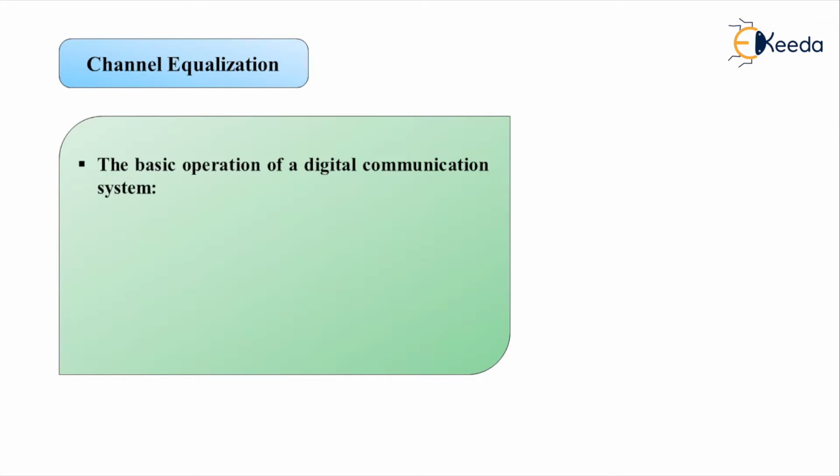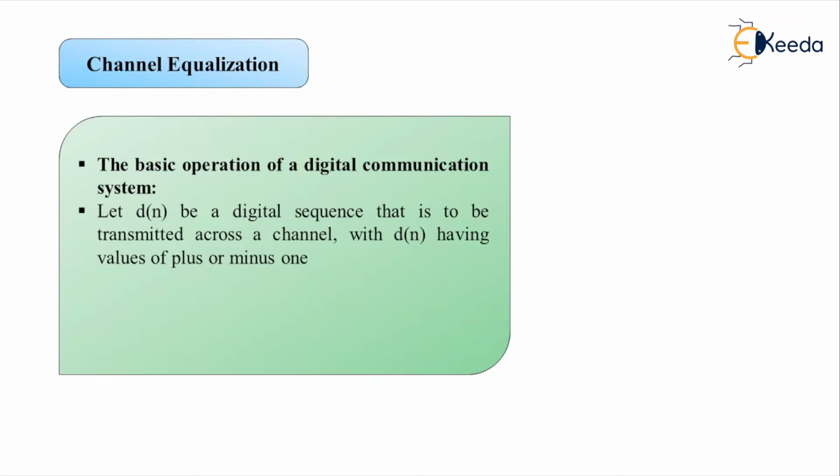We have the usual notation d(n) to be a digital sequence that is to be transmitted across the non-ideal channel, where d(n) will have the values of plus or minus 1. This is the input sequence provided as input to the pulse generator, if we see the structure in the form of a block schematic.